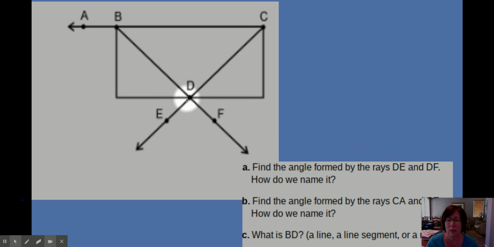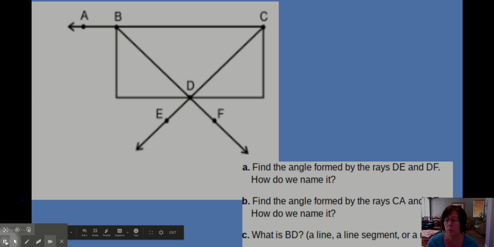So here's DE, that's a ray, and here's DF, another ray. And together they make an angle that we could name by saying angle EDF or angle FDE. Go ahead and answer the last two questions before you move on and see the answers.